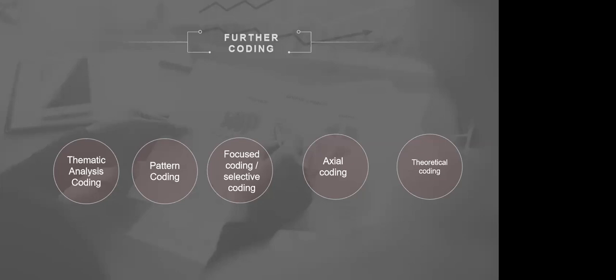Inductive coding, which is a process of further coding not included here, is where you develop the theme based on how the participant responded. You do your coding, and if you find something, you develop a theme out of it. But if you already have a theme based on your research question, you can look at all responses, and if there's no response that contributes to your coding, then you can eliminate it. So I hope that answers your question.